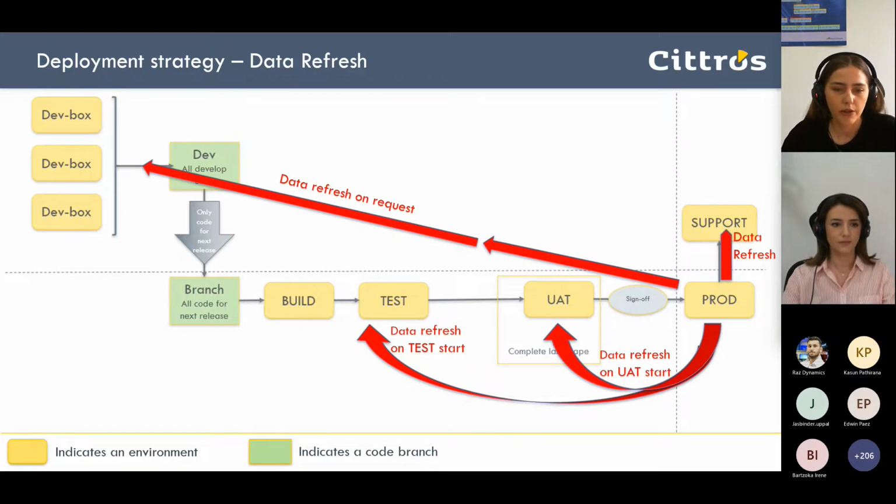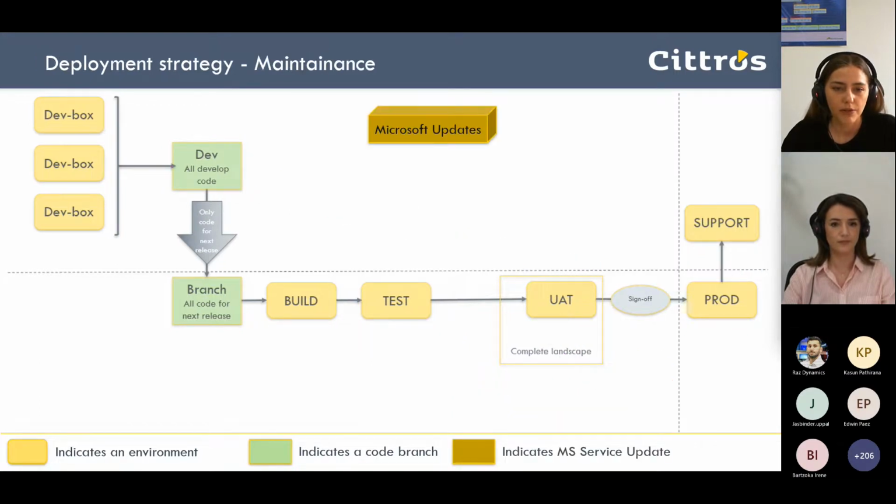So in order to have reliable results for testing, we mustn't forget the importance of Microsoft updates. Microsoft updates must be applied on every environment present in the project infrastructure.